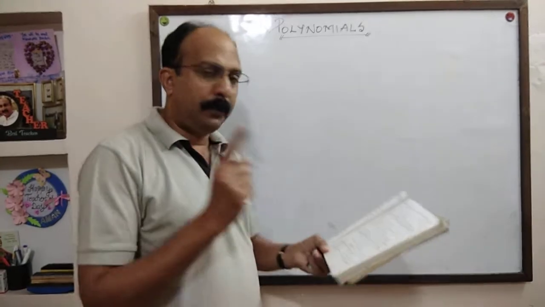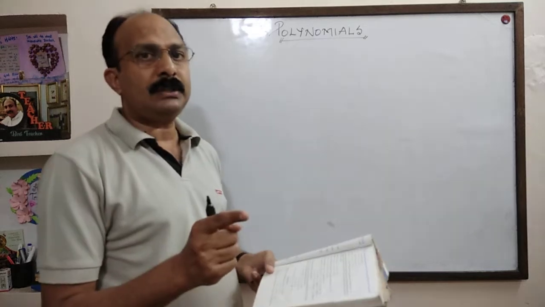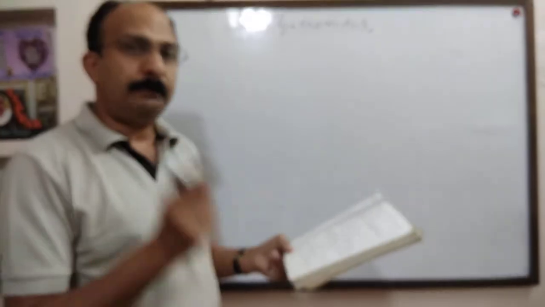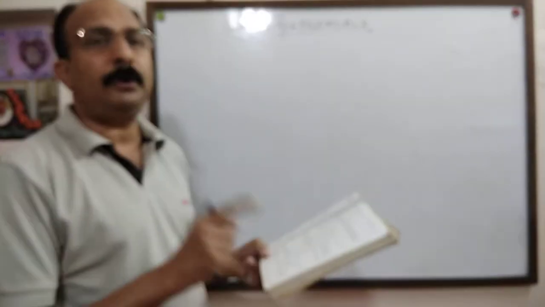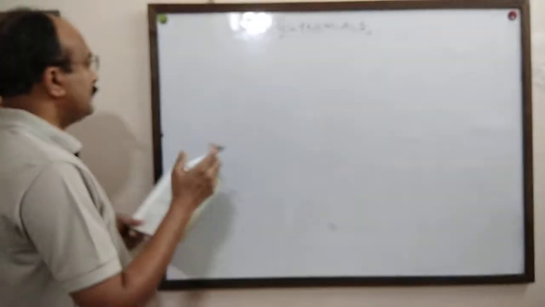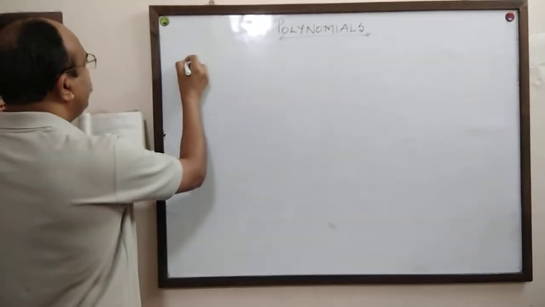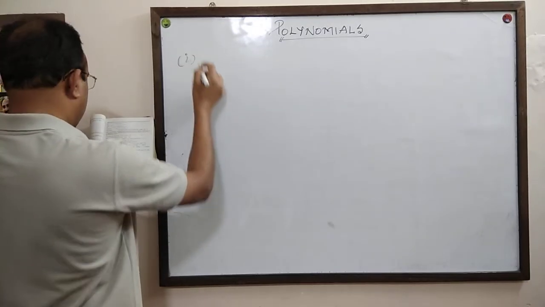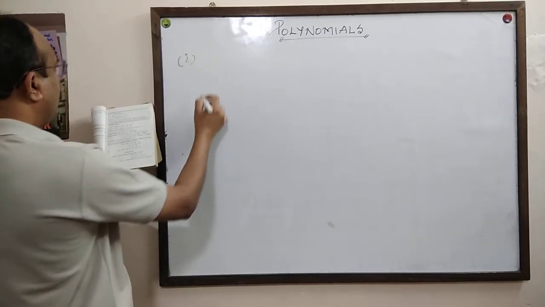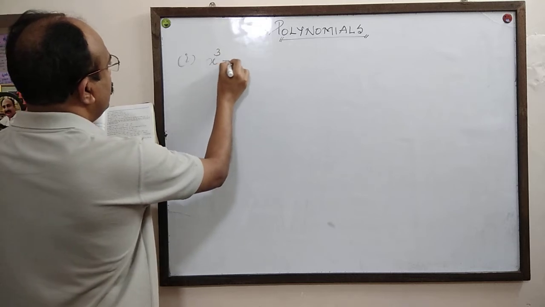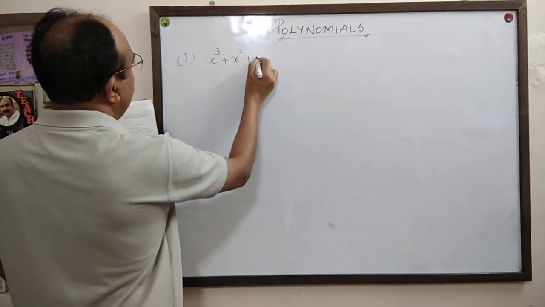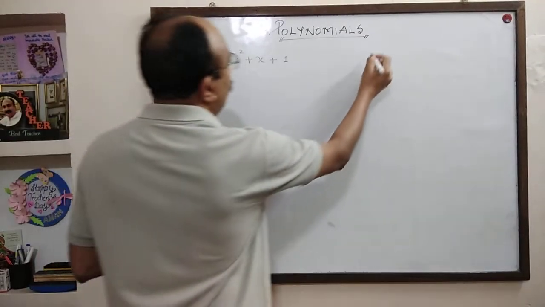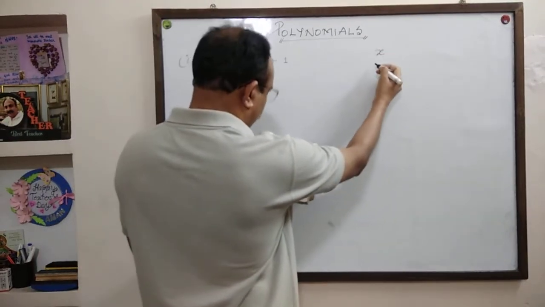In each of the 4 polynomials, you are asked to check whether x plus 1 is a factor of this polynomial or not. The first polynomial is x cube plus x square plus x plus 1. Everywhere we have to check whether x plus 1 is a factor.